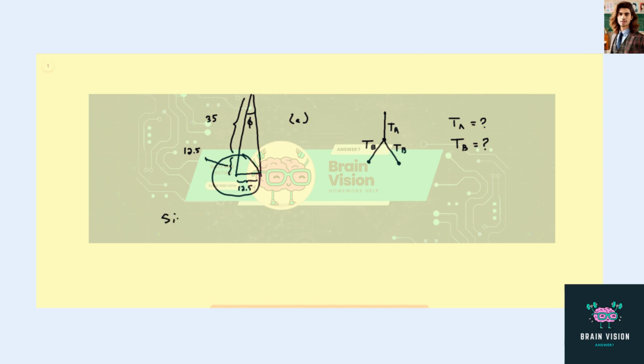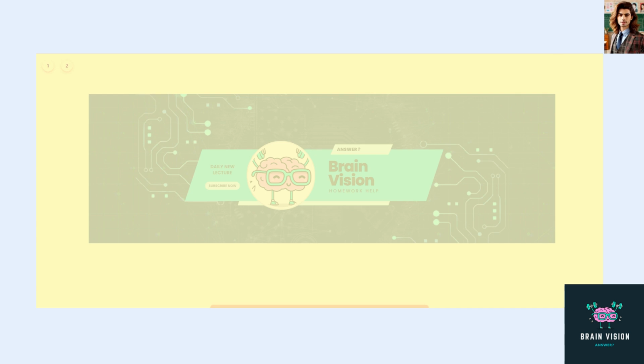This lets us say that the sine of phi, which is the angle from the vertical, is equal to the opposite, which is 12.5, over 12.5 plus 35. When you solve this for phi, you get a value of 15.26 degrees, and this will be helpful in the future.